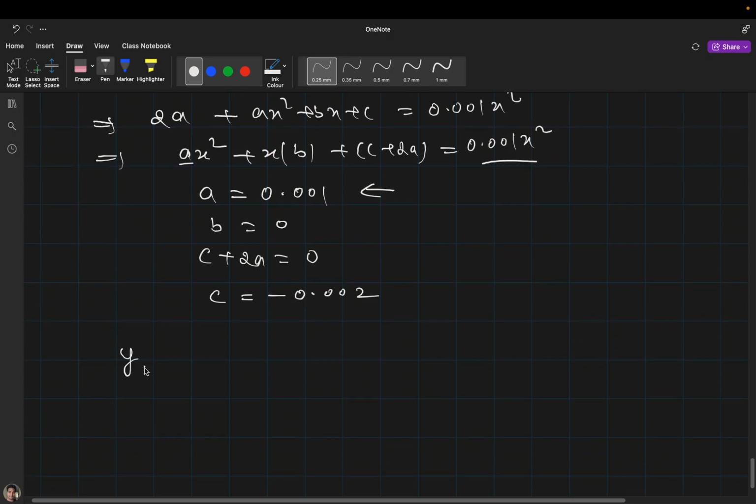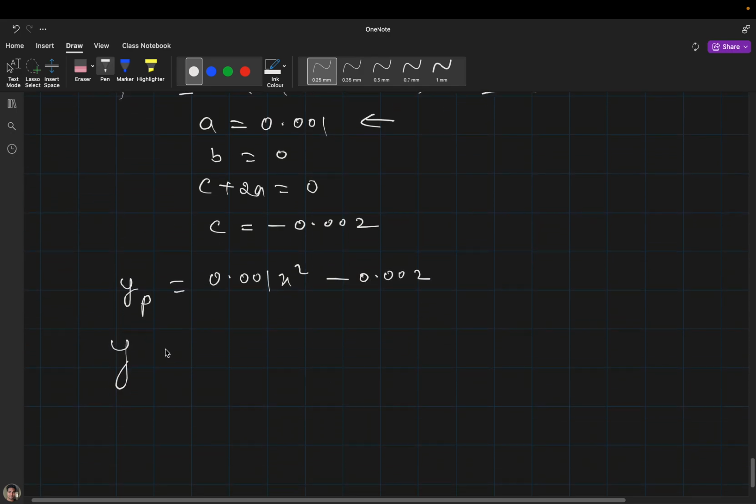So what is that y_p? y_p is nothing but 0.001 x square plus 0 minus 0.002. So this is the y_p, and what is the general solution? It will be c1 cos x plus c2 sin x plus 0.001 x square minus 0.002.